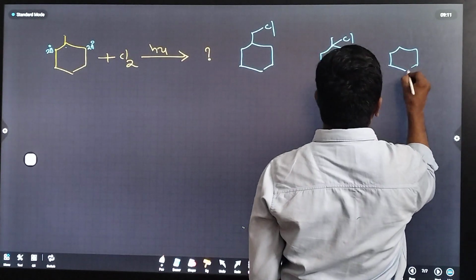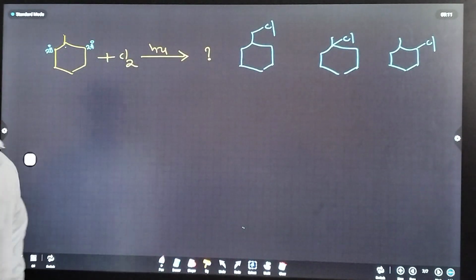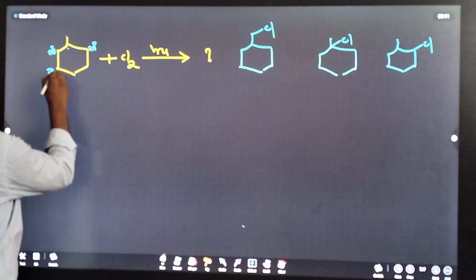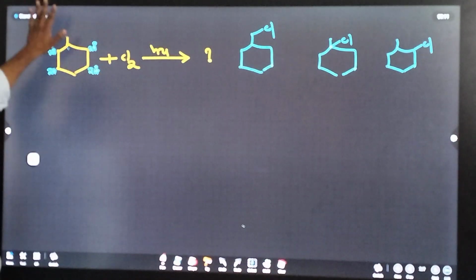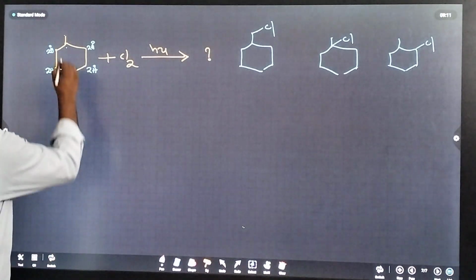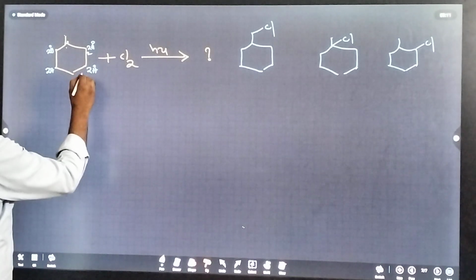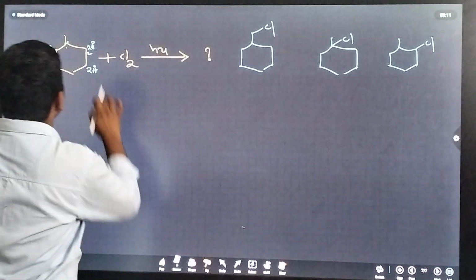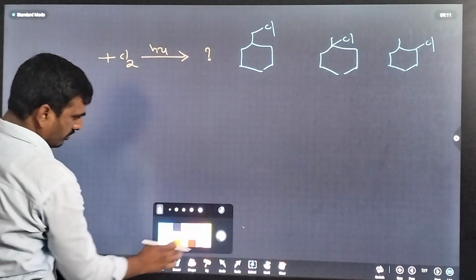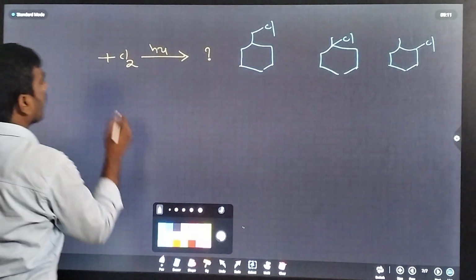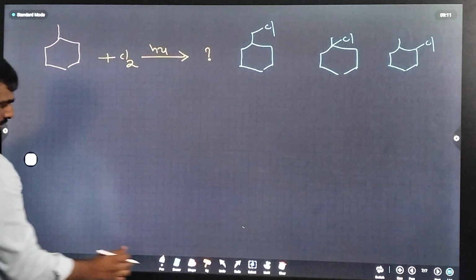So that is this one. Next, this is also secondary hydrogens. These 4 secondary hydrogens are not the same, because this is the first position, second position, next third.